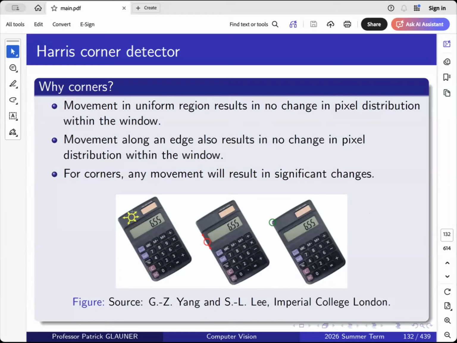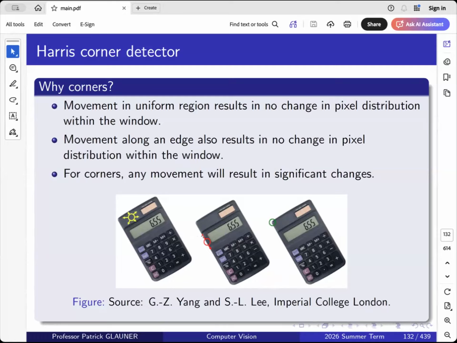Imagine we are on an object, like on this calculator, and I have a pixel somewhere here where this sun is, and I move the pixel a little bit. The intensity doesn't change much. It will change a little bit, but if I just move in the neighborhood on the object, I don't get much of a change of intensity.